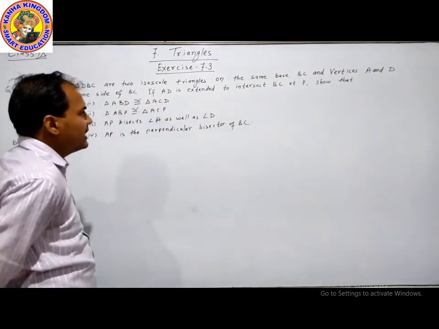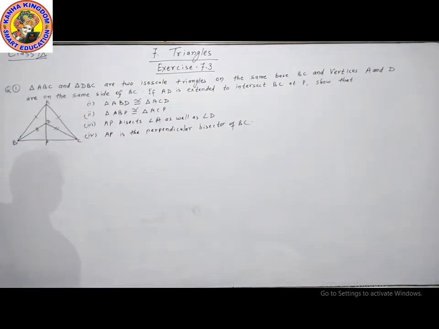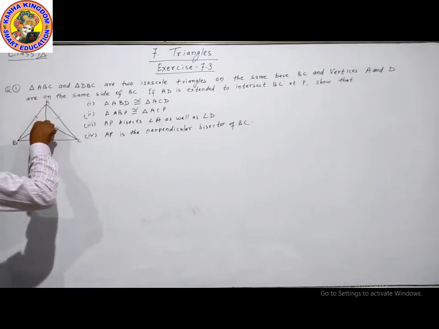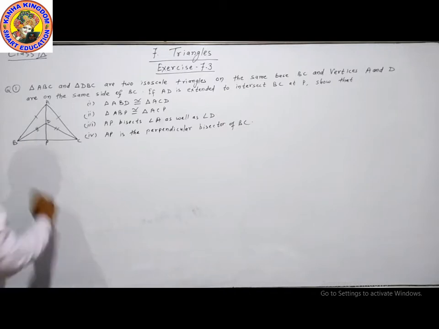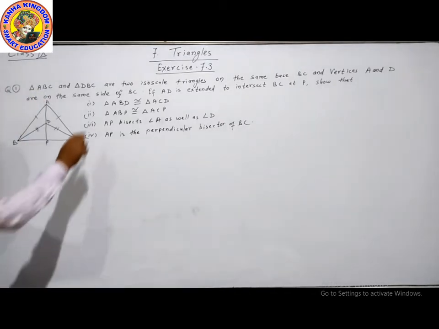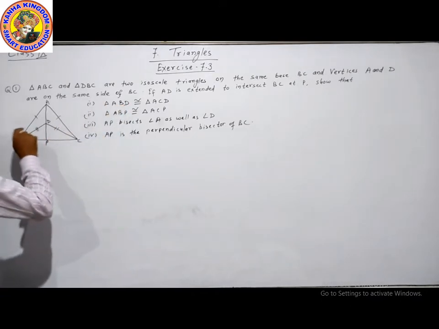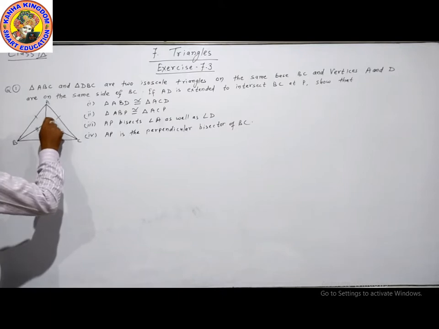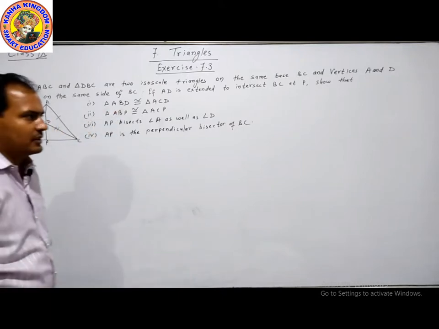If AD is extended to intersect BC, join A and D to intersect BC at point P. So that question number first, triangle ABD, this one, and ACD, this one, are congruent.